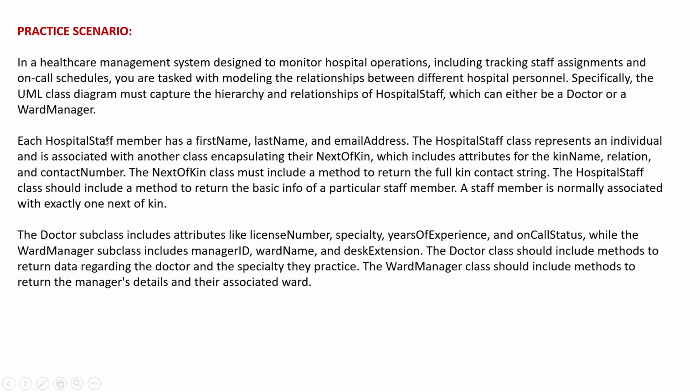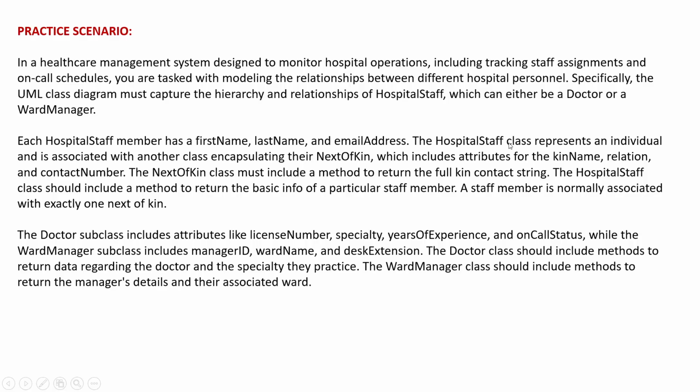Each hospital staff member has a first name. So here we see the attributes, right? Hospital staff can either be a doctor or a ward manager, so there are two classes that I can see. And each hospital staff member has a first name, last name, and an email address. So here I can see a superclass that shares these attributes.